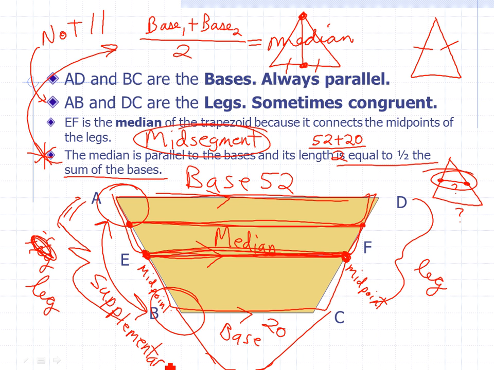That's probably why I left it off, because there's no real way to describe it. You just have to know, hey, these are my bases. Angles right next to each other, not jumping across the base, are supplementary. These two angles are always supplementary.